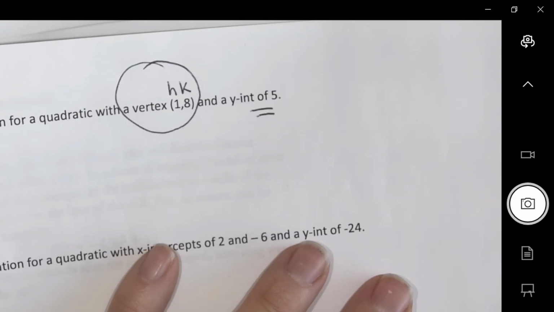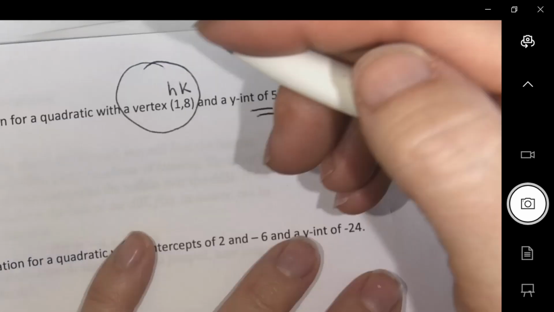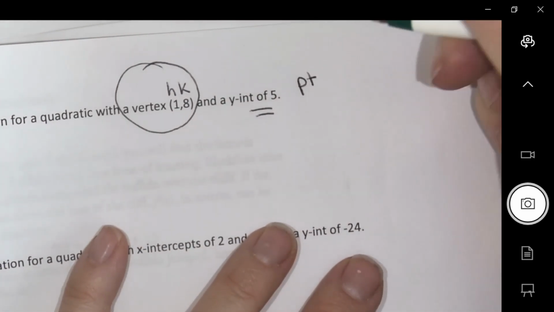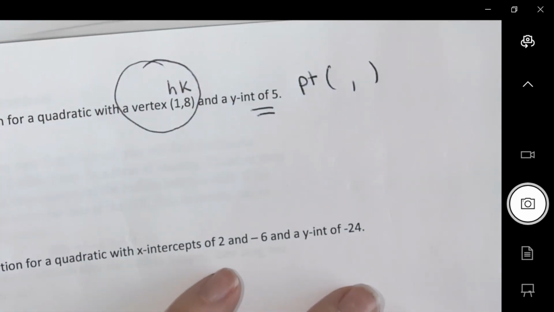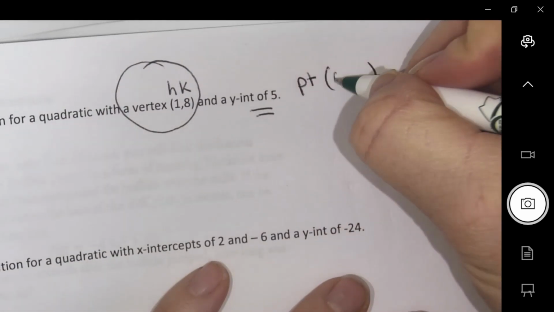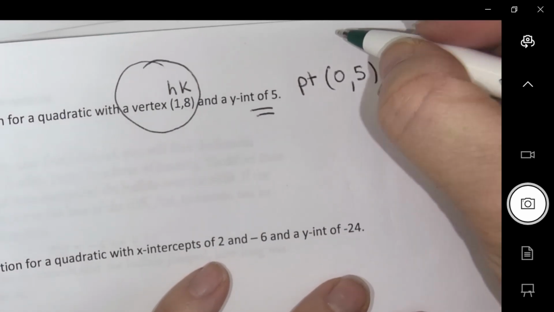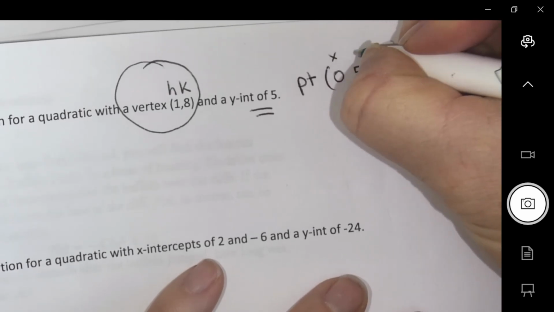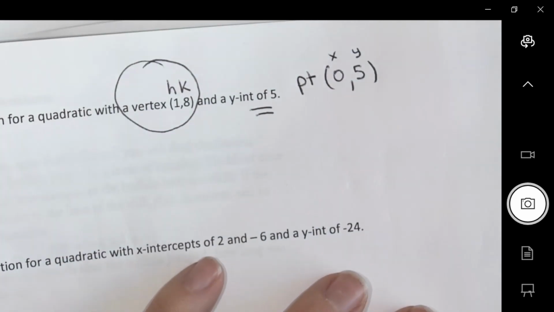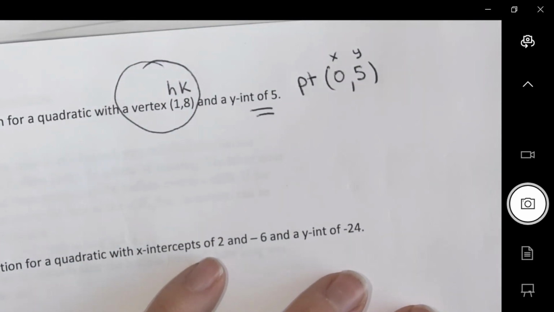You're going to have to remember that the y-intercept is actually a point. When I think about how to write that as a point, it's what comma what? Good, 0, 5. So if I have a coordinate of a point, I now have an x and a y, because points are x, y's.